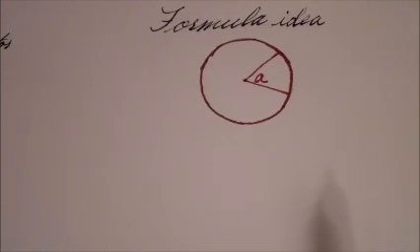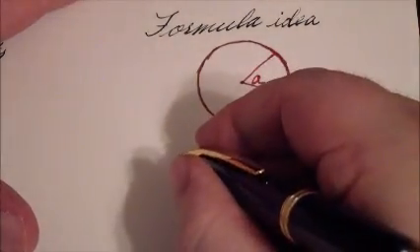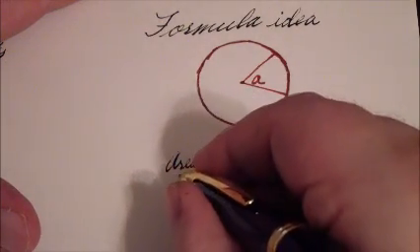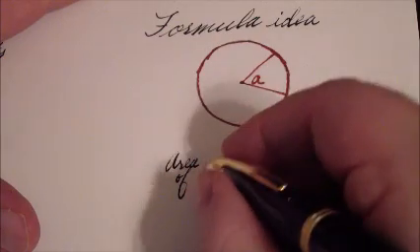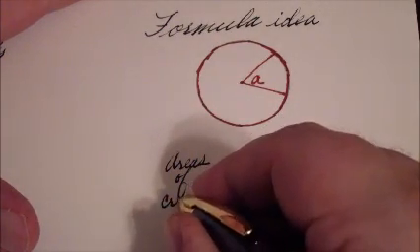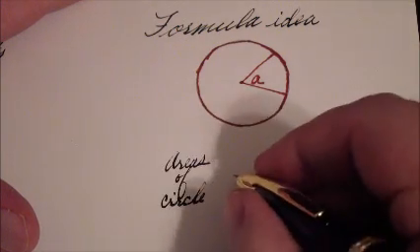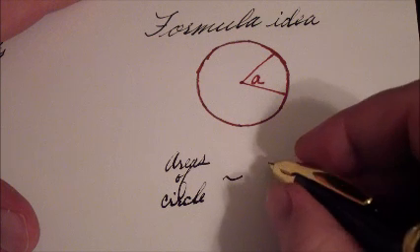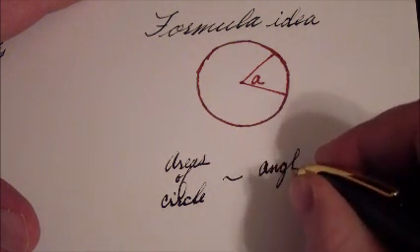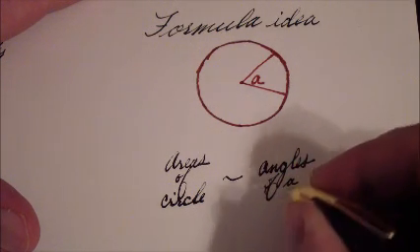Again, we're kind of considering developing a fraction, and we're thinking to ourselves of areas, okay, of a circle, and we're going to relate that to angles of a circle.